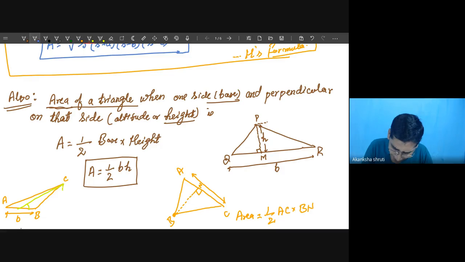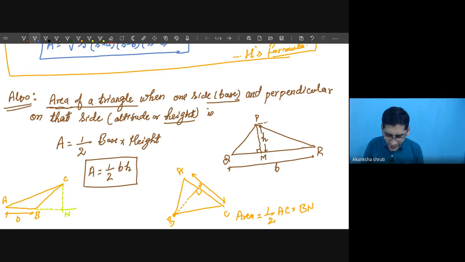From C, perpendicular means vertically downward. It will come like this. It will not be in between AB, but it will be on the extended part of AB. Okay. So in this case, this CN will be like this one. So the concept is very simple.